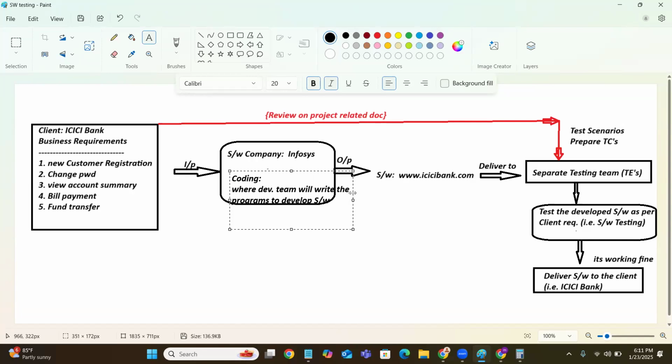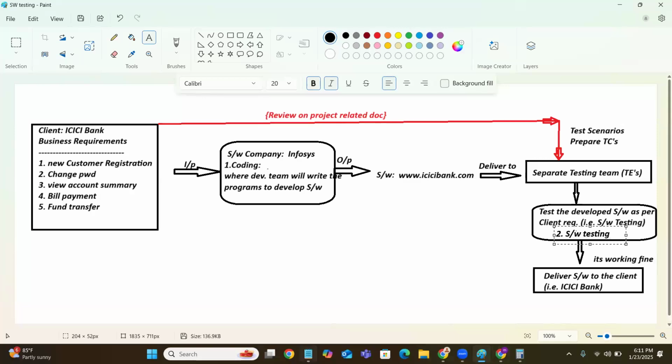That is what we call coding. After coding, the application is given to a separate testing team, where the separate testing team will go for testing. This is what we call software testing.